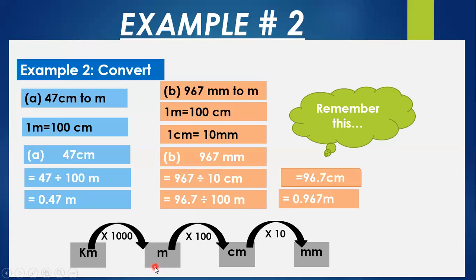Or when you convert meter to kilometer, you have to divide by 1000. Or centimeter to meter, you have to convert the smaller unit to the bigger unit, so you have to divide it by 100. Or when you convert millimeter to centimeter, again smaller to bigger unit, we have to divide it by 10. Got it?